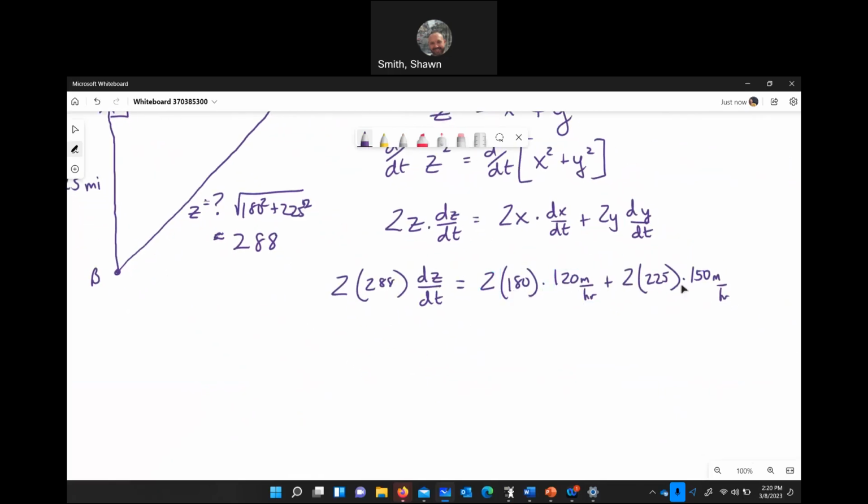If you take all these values on the right side and divide by 2 times 288, that will solve for dz/dt.